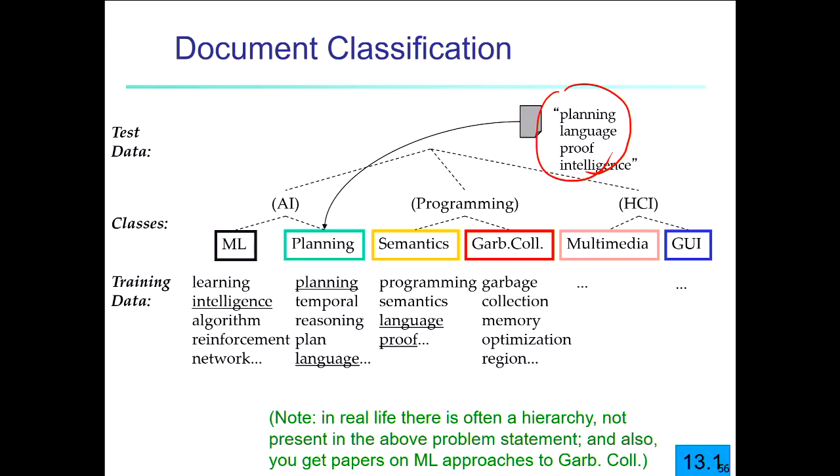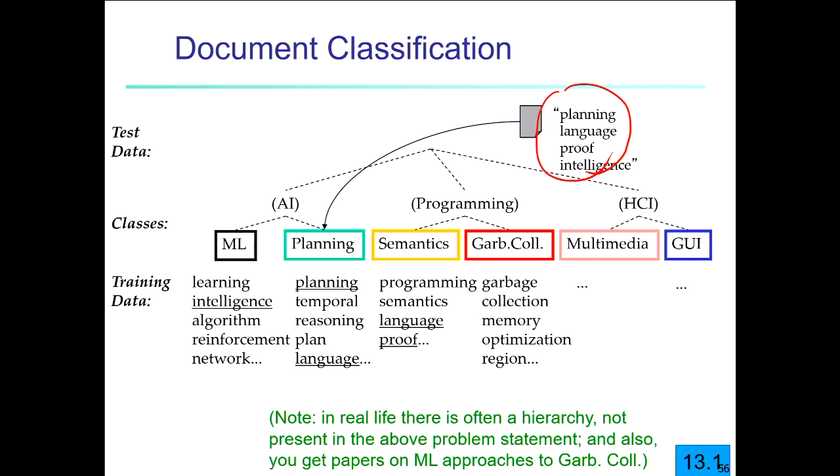It's just like how human beings do the task. You see a word like intelligence and think, well, it may be related to AI, and you see language and think it may be related to programming languages, and so on.